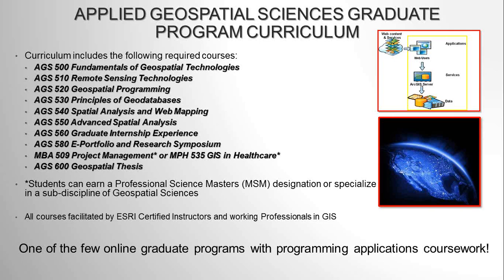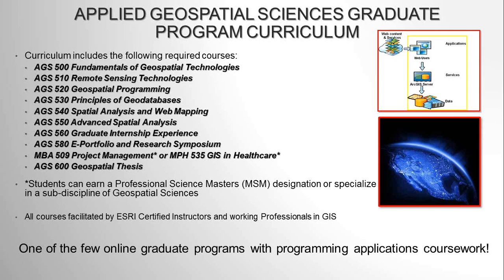Our courses assume, especially the 520, that folks who are in this have had no prior experience, especially with Python. So we want that to be something that we learn from the ground up there. So if you have not had any prior programming experience, again, this is a low-level geospatial programming course specializing in Python. We teach you how to do some of the coding there.